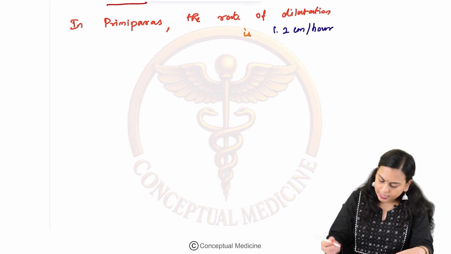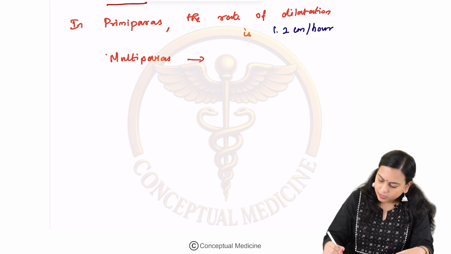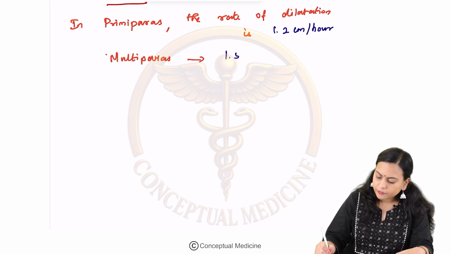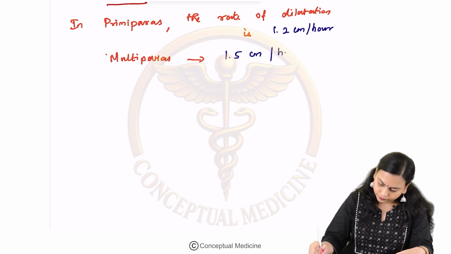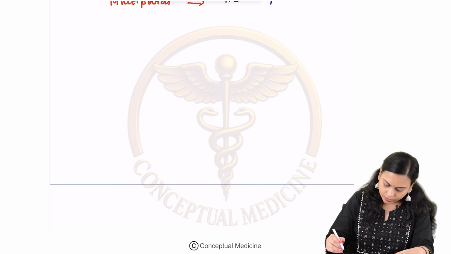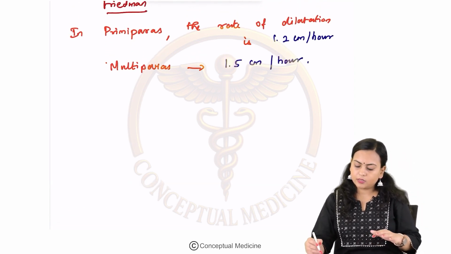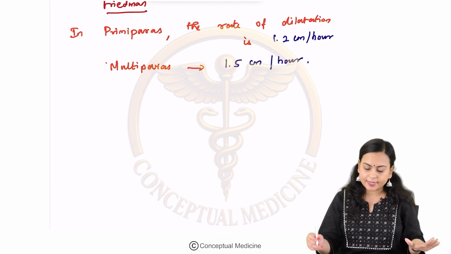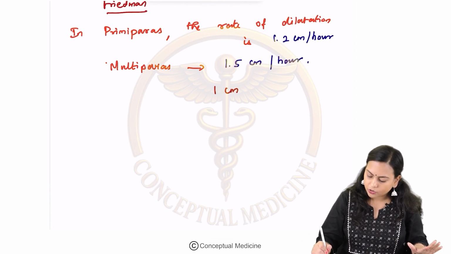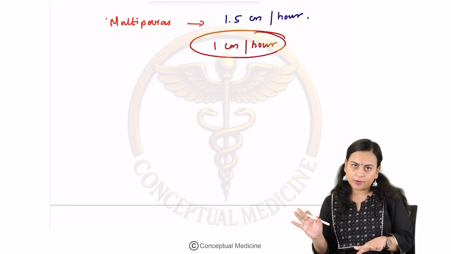The same way, in multiparas, this is around 1.5 centimeter per hour in the active phase. So, from this, we can take that there should be at least a dilatation of 1 centimeter per hour, whether it is a primi or a multi.